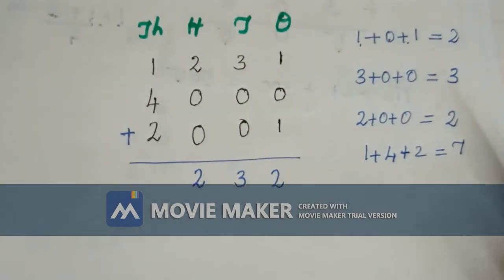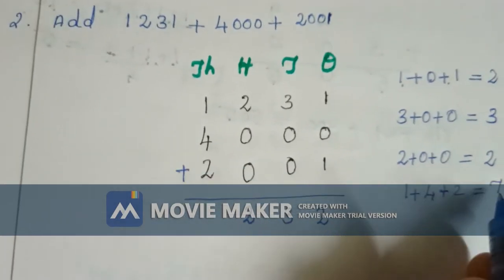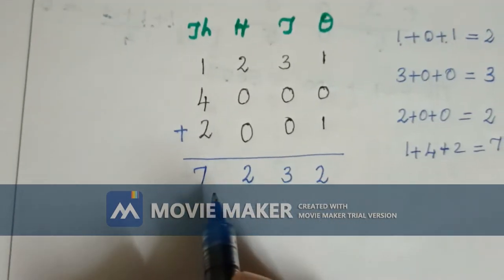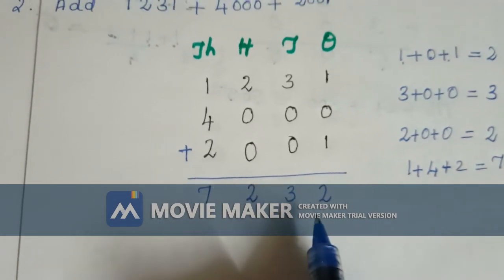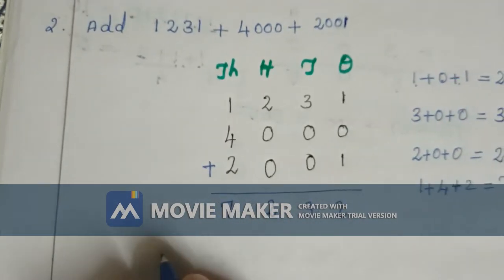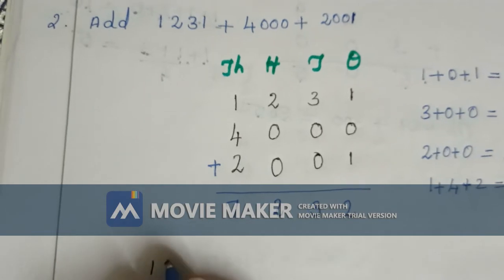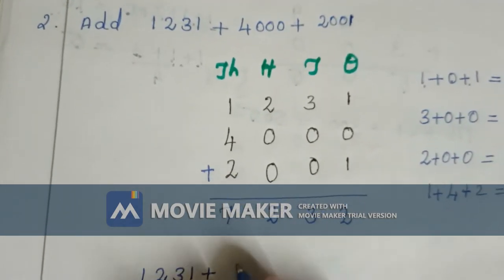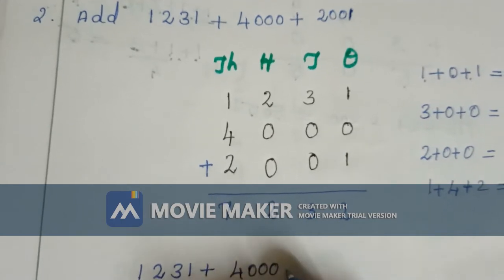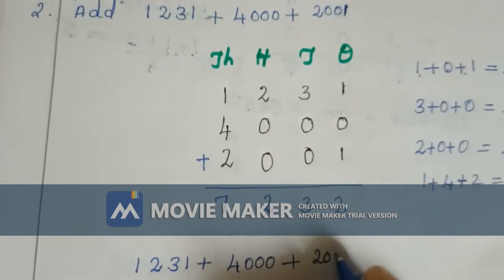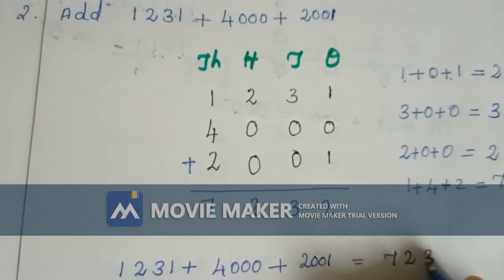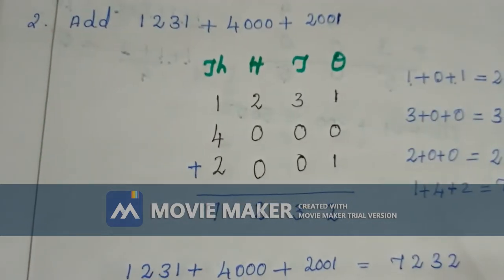So write 7 in the thousands place. So the sum is 7232. You can write the answer like this: 1231 plus 4000 plus 2001 gives us 7232.